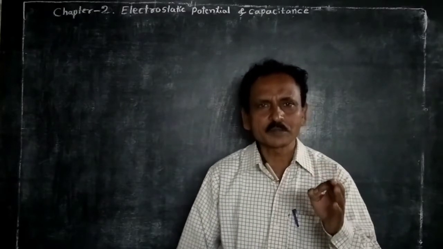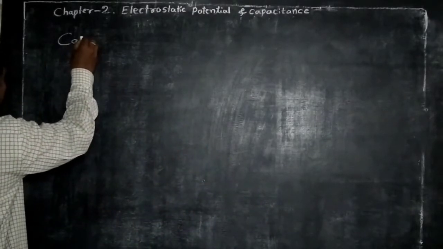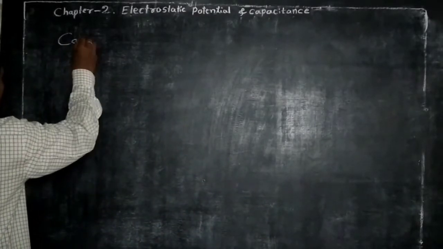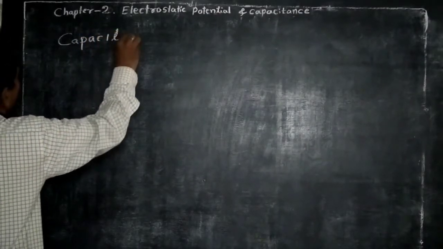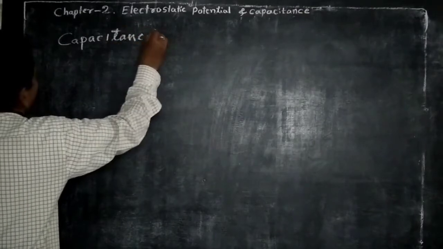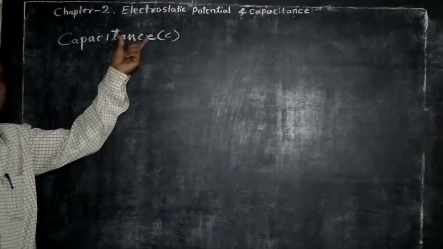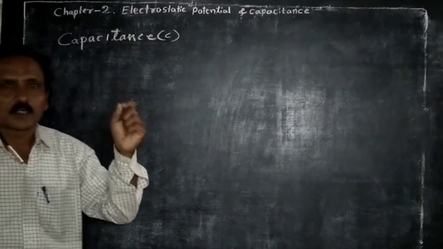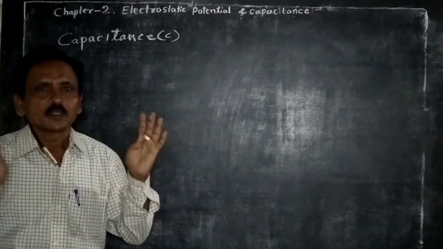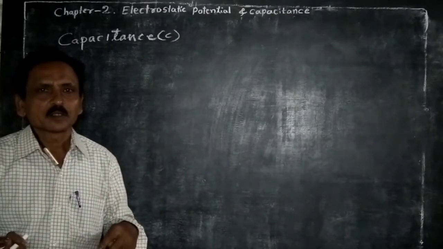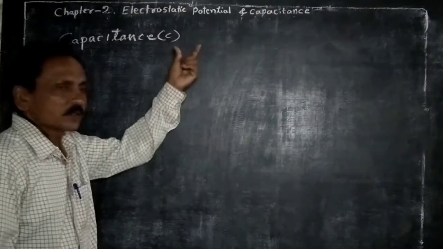And capacitance is denoted by C. It is the capacity or ability to store electric charges and give it suddenly.